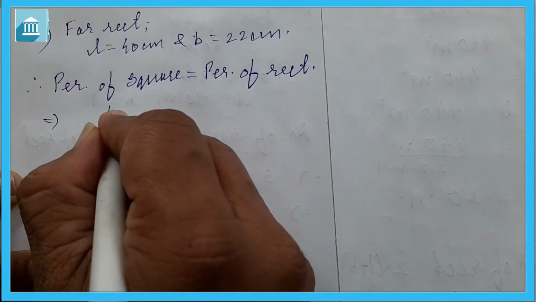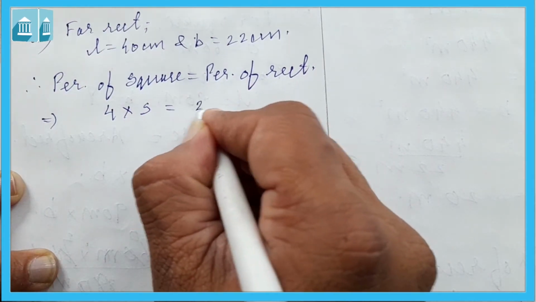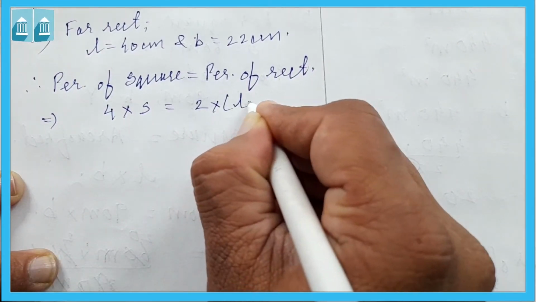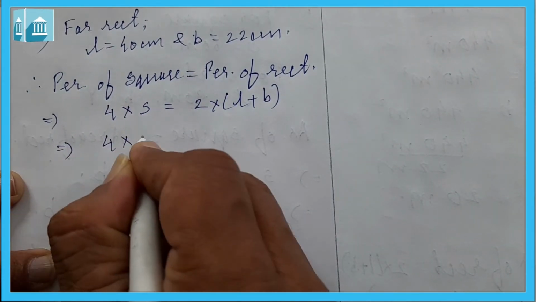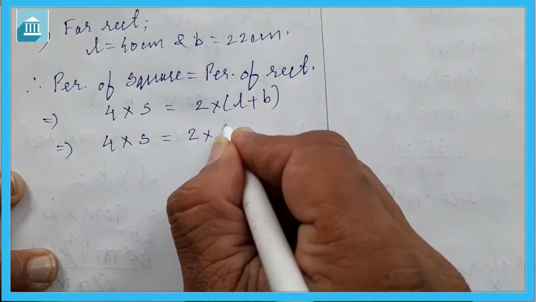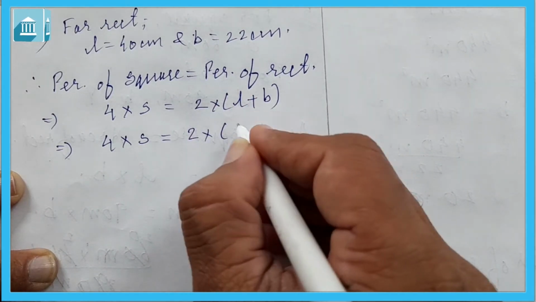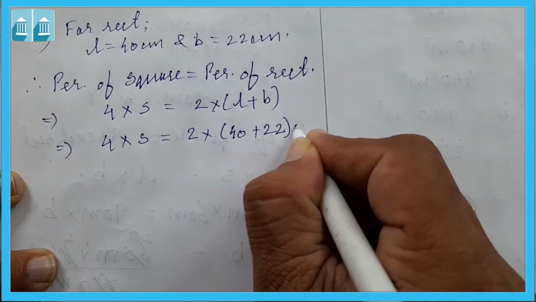It means the perimeter of the square, 4 into S, is equal to the perimeter of the rectangle, 2 into L plus B. So 4 into S is equal to 2 into L plus B, and that is 40 plus 22 centimeter.